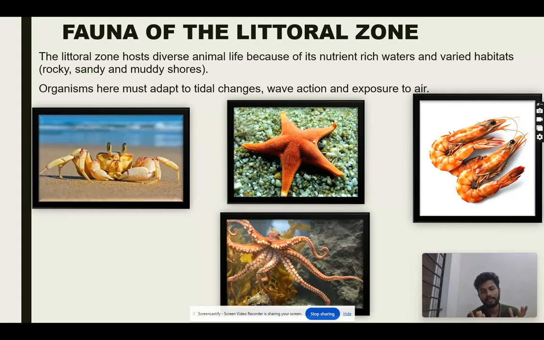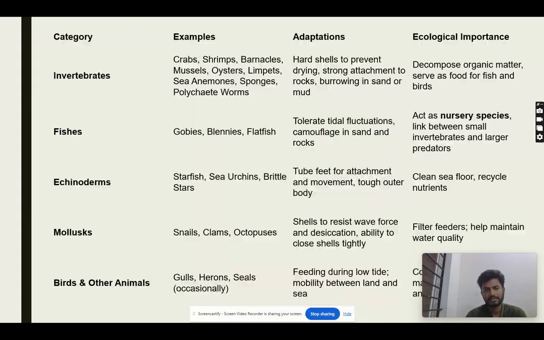That provides a better habitat for the survival of various marine organisms. So basically they have to adapt or evolve strategies within themselves to adapt to the tidal changes, wave action, and other abiotic stress. Crabs, starfish, shrimps, octopus, and so on are the fauna of the littoral zone.